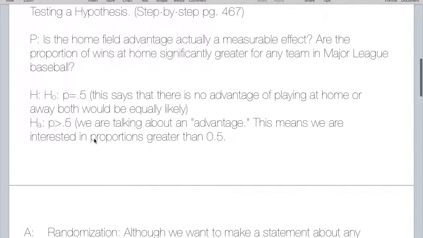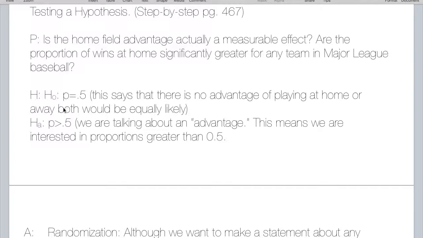Testing hypothesis part 2 would be your alternative. It's H, so it's your hypotheses. Well, remember we said if they're equally likely to win at home or away, then we would assume that the proportion would be about 0.5, meaning there's no home field advantage. You're not going to win more at home, or you would be about the same.